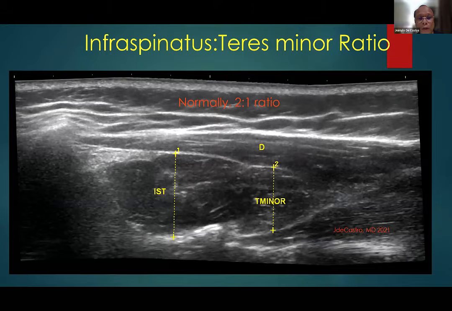Because if it approximates a 1:1 ratio, for example, for infraspinatus and teres minor, then functionally after the surgery the patient will have some challenges, because the infraspinatus has actually atrophied and he might not be able to support the strength that is required for post-surgery treatment.